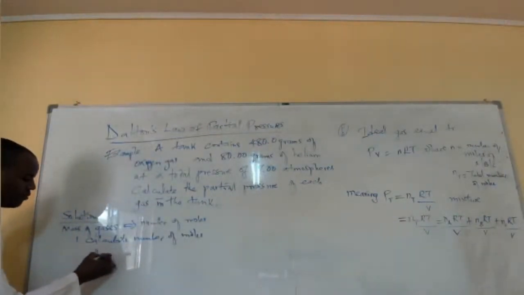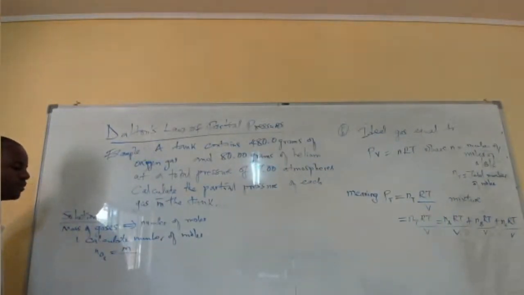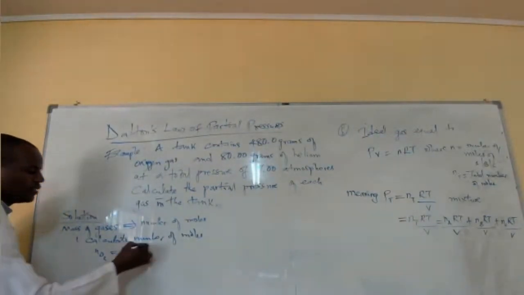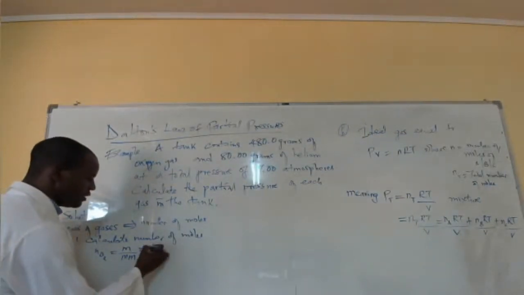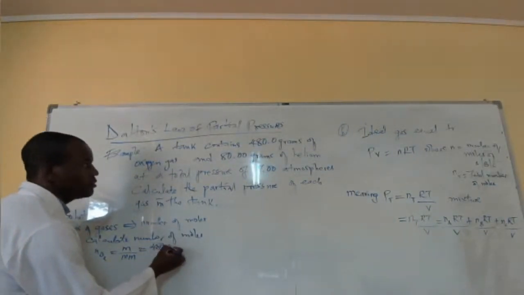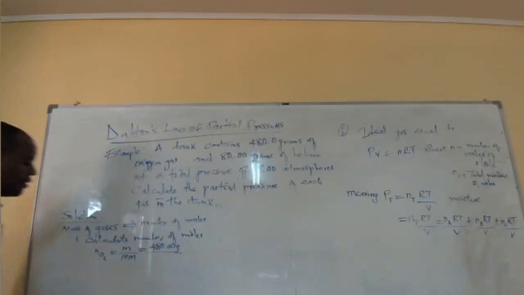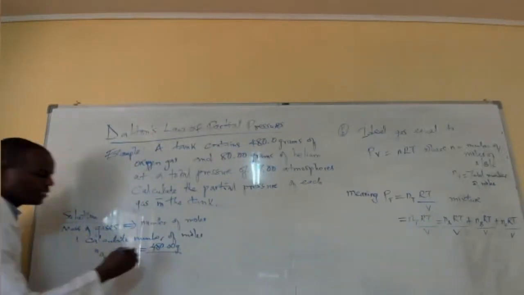The number of moles of oxygen gas is equal to the mass of oxygen divided by its molecular mass. The given mass for oxygen is 480.0 grams, divided by the molecular mass of oxygen, which is 16 times 2, which is 32 grams per mole.